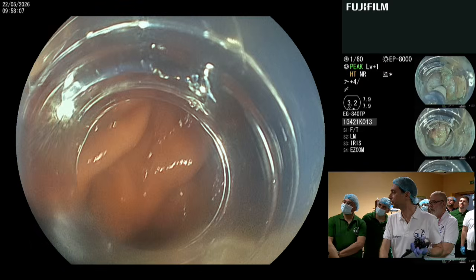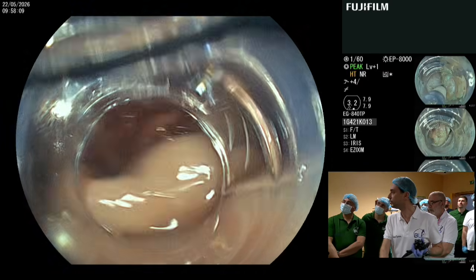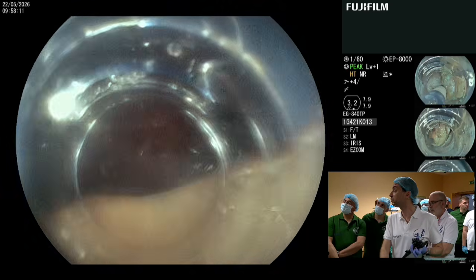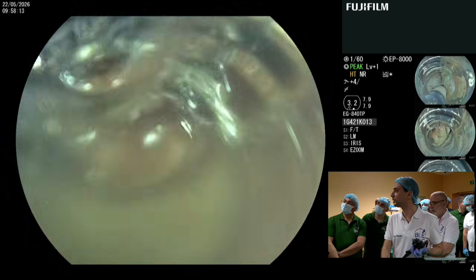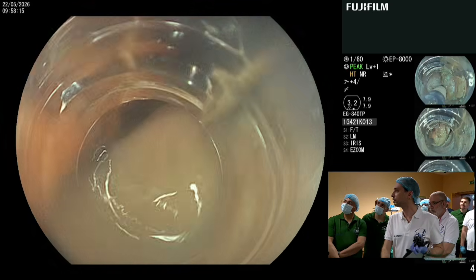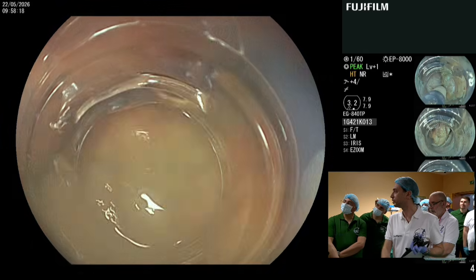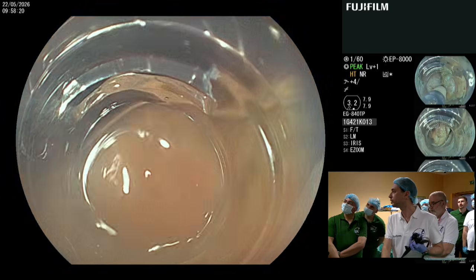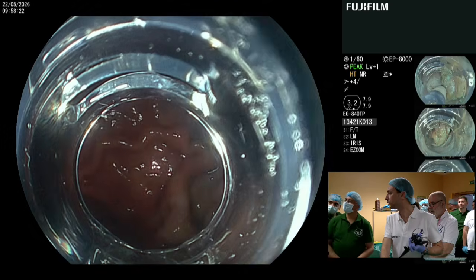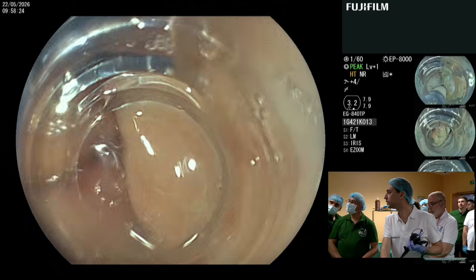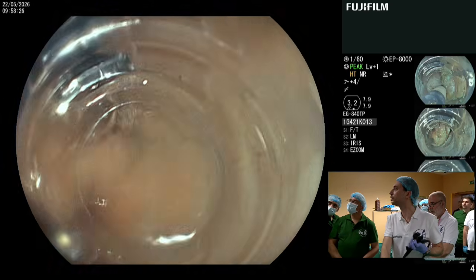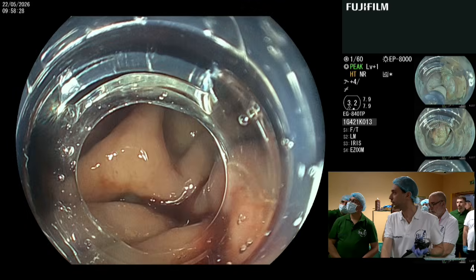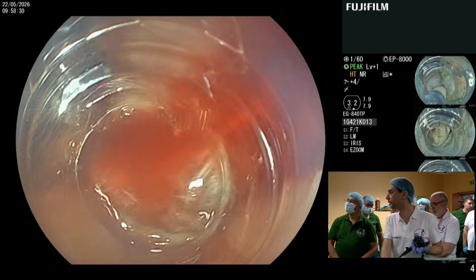We have to identify the area of dissection. I don't find it. Where is it? It's somewhere here, right? Here. All right, here we are.